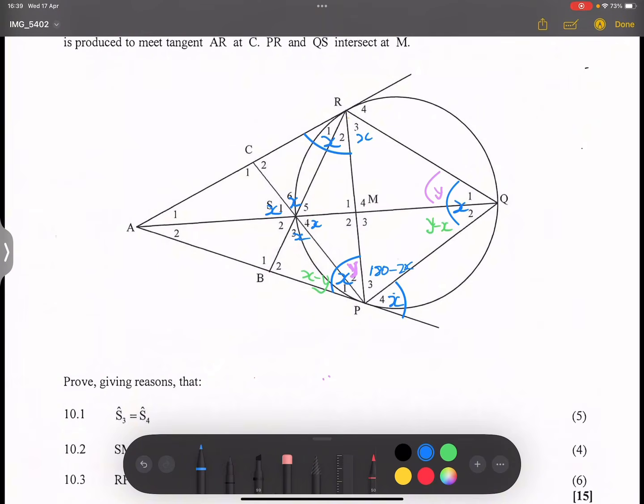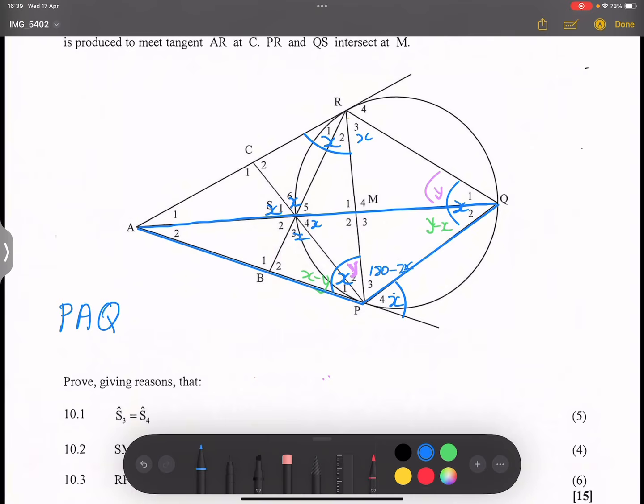Now, if we go into triangle PAQ, so which means I'm looking into this triangle here. My lines tend to misbehave. So triangle PAQ.